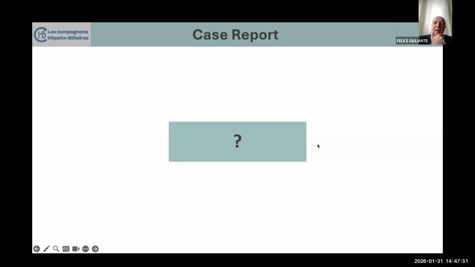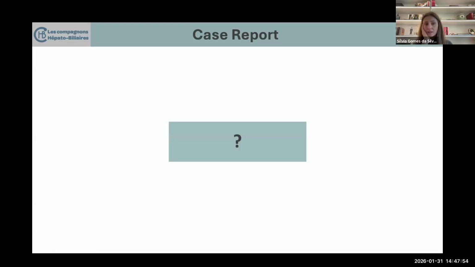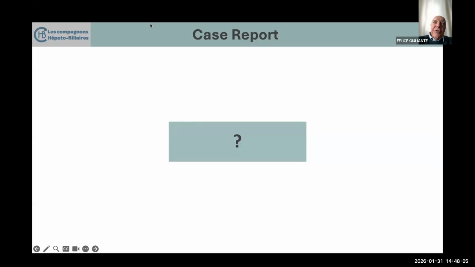May I say something? Please. For surgery, it's no time for any kind of surgery, I agree, but why don't you consider the possibility of radioembolization, which could prolong the stability and the control of the main disease, on the main mass?